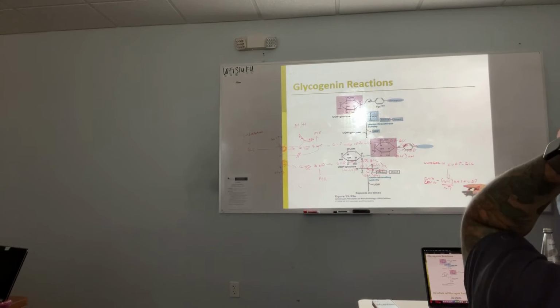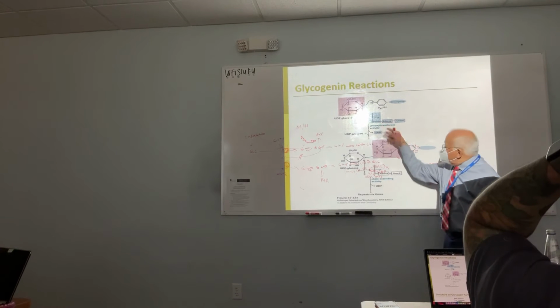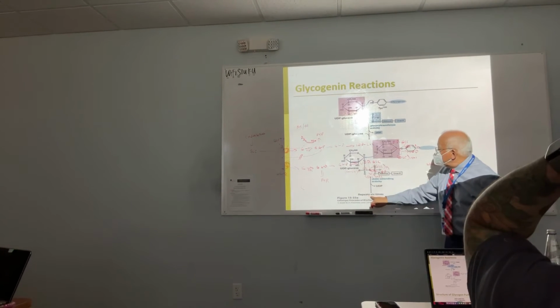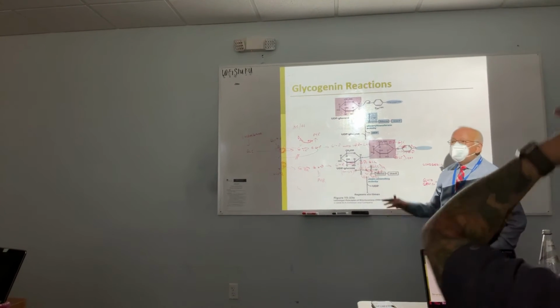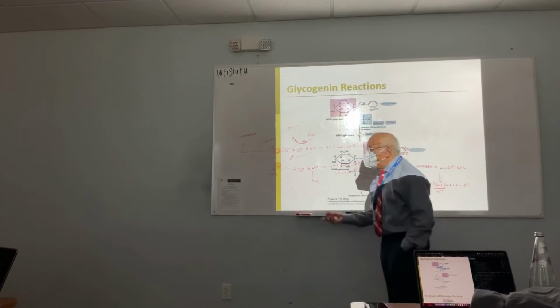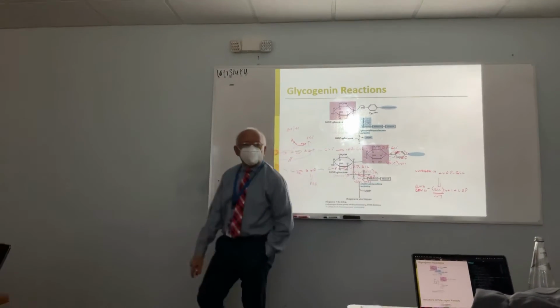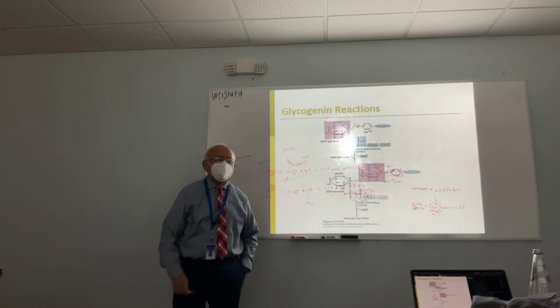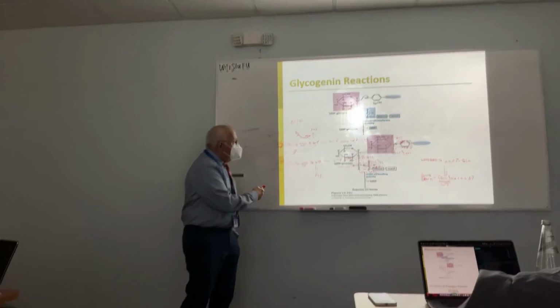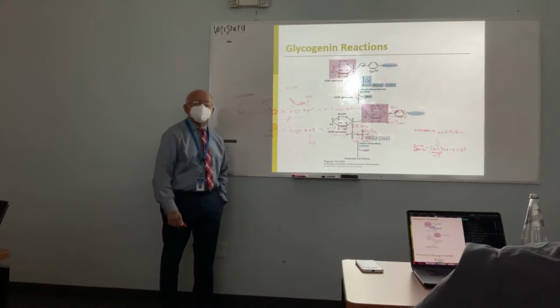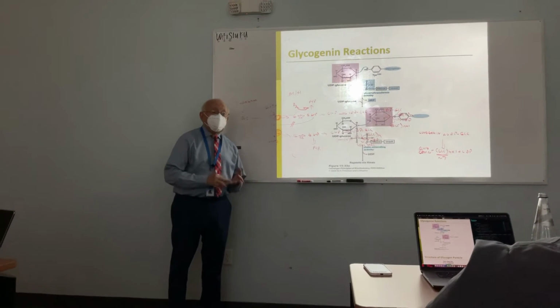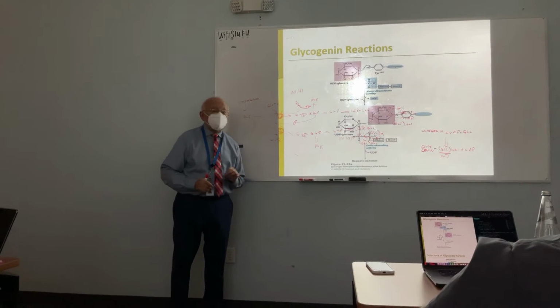Once you make this, look at this, because you add this one, right? And then repeat it 6 more times. So this is the minimum. And there was a paper from a laboratory in the UK that discovered this: the glycogen synthase doesn't like it when there is 1 glucose.